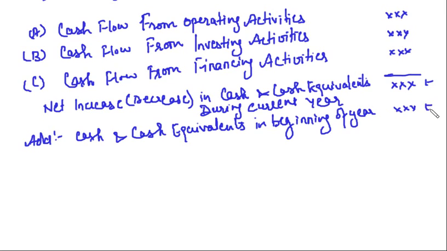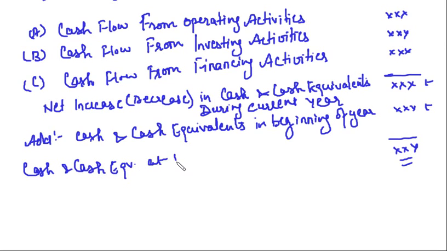This is at the beginning of the year. So what we will get is cash and cash equivalents at the end of year. Clear, friends? So this is all about the cash flow statement.